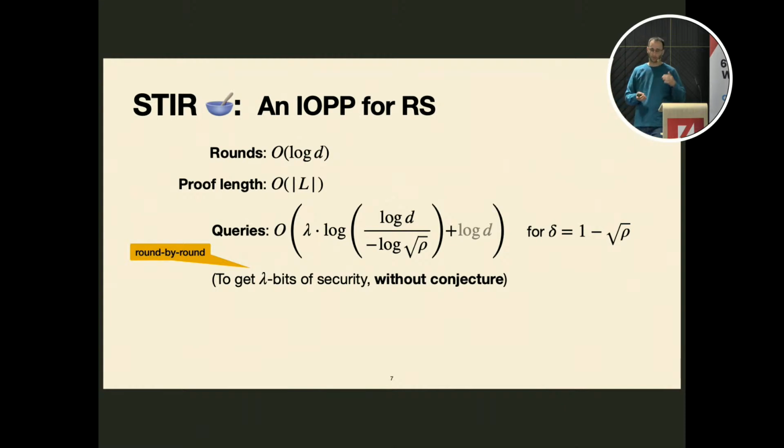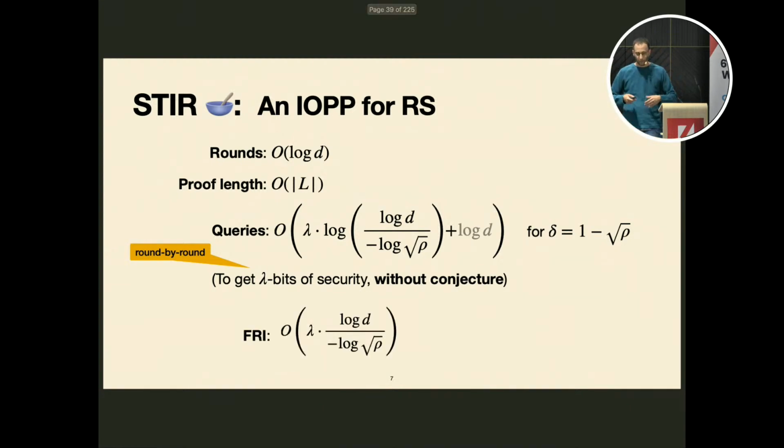Here I'm assuming the distance that happens in practice, which is 1 minus square root rho. This is the bound that we can get to. For a quick comparison with FRI, which is today a very popular IOPP for Reed-Solomon, used in many systems, the query complexity written in this terminology for FRI would be lambda times this expression.